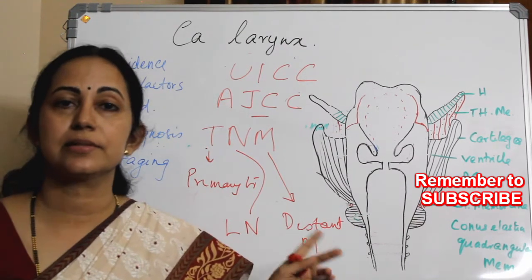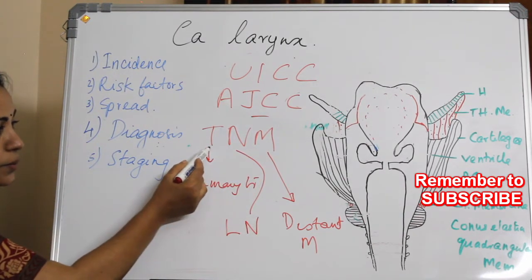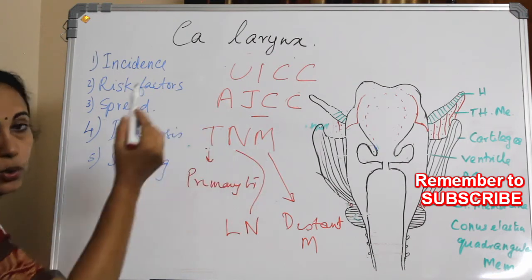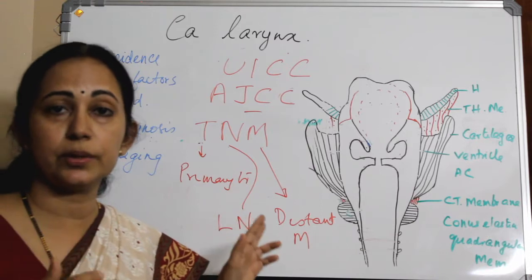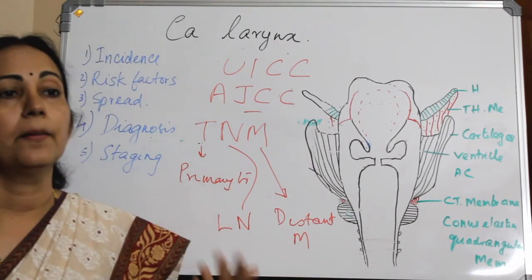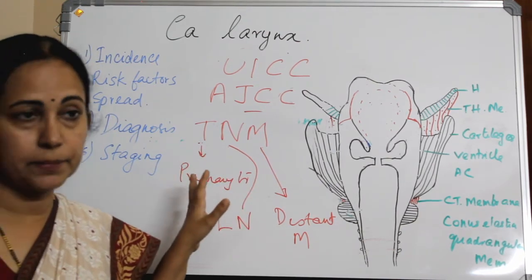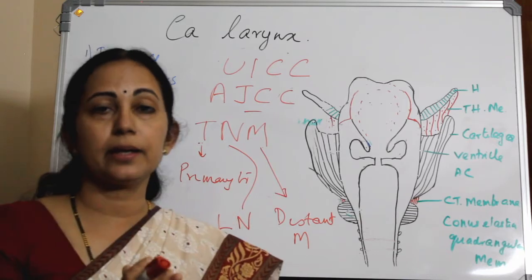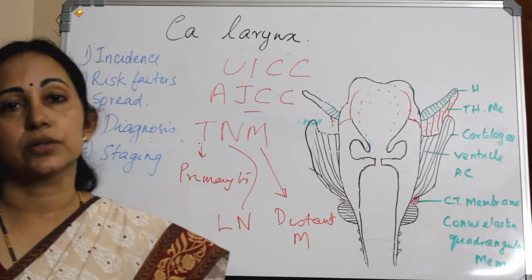So the primary tumor, the nodal metastasis and also the distal metastasis are detected. TNM staging is not exclusively by clinical evaluation, but after imaging comes the staging. That means this TNM is a combined evaluation of clinical as well as radiological data.